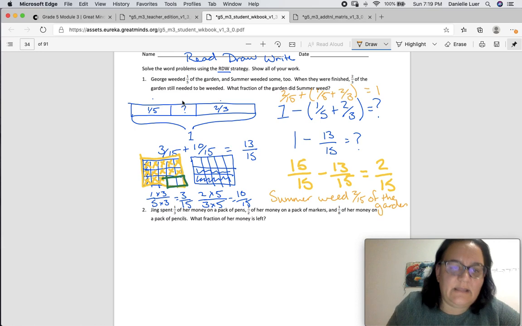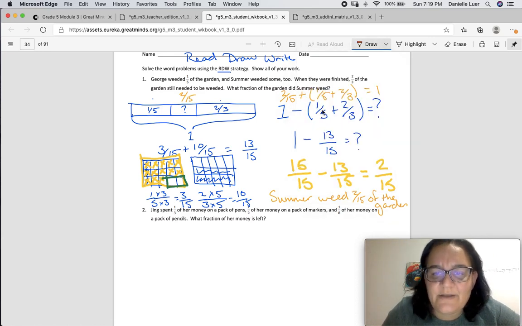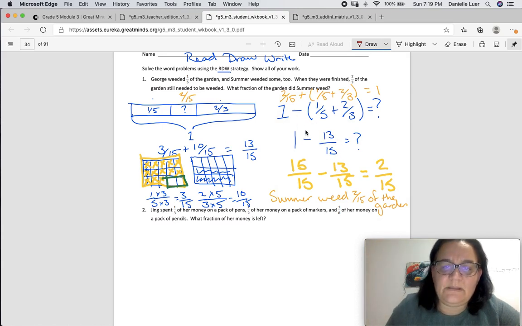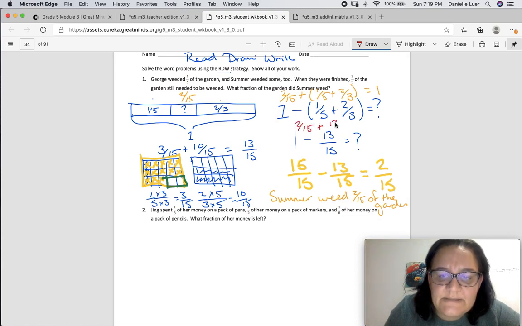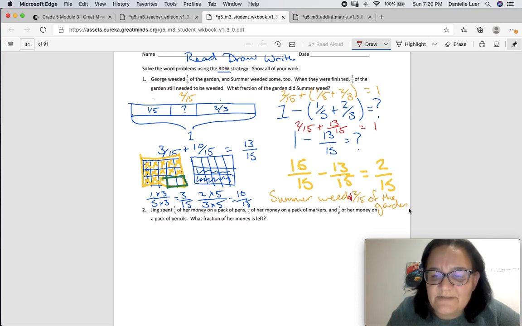Okay, so I can swap this out for 2/15, and let's do that problem really quickly, just to check our answers. I already know that 1/5 plus 2/3 equals 13/15. So if I say 2/15 plus 13/15 equals 1. Okay, I did it. I just showed my answer. Summer weeded 2/15 of the garden, period.